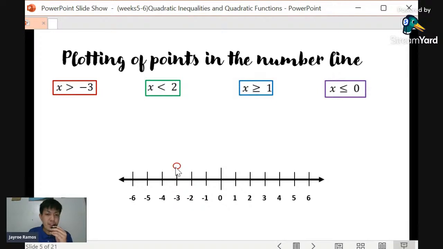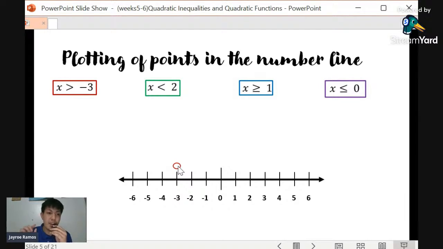Now, ngayon, saan natin ipopoint yung arrow? Ipopoint ba natin yan dito sa kaliwa or ipopoint natin sa kanan? Of course, it depends on the kind of inequality that you are using. Since we use here greater than, ibig sabihin dapat mas malaki, no? So if we're going to understand that, yung x daw dapat ay mas malaki sa negative 3.